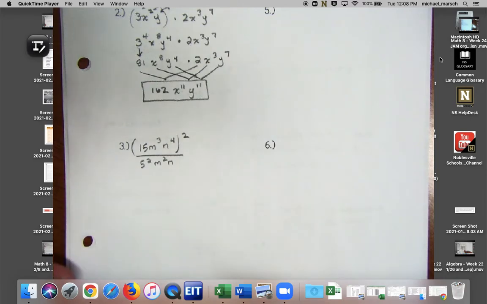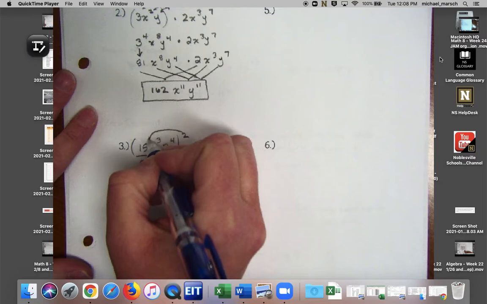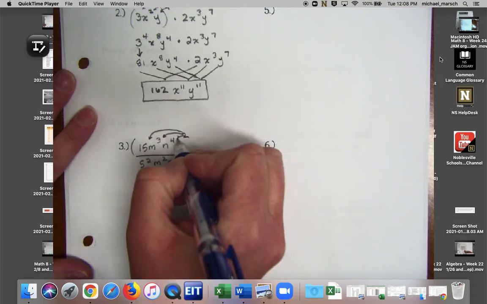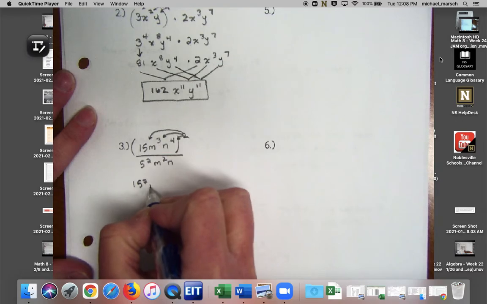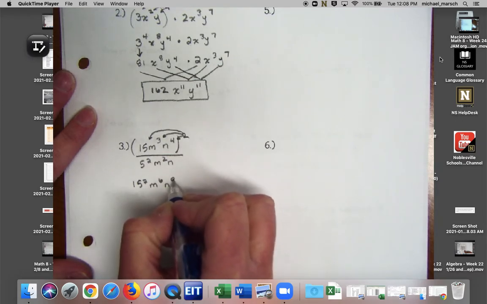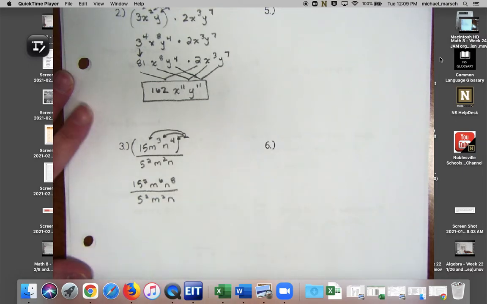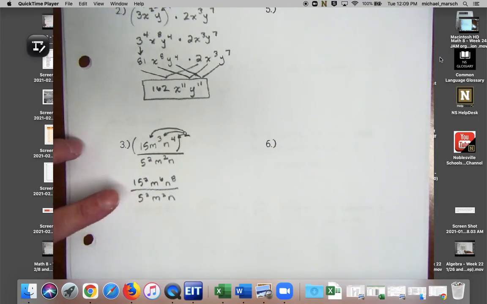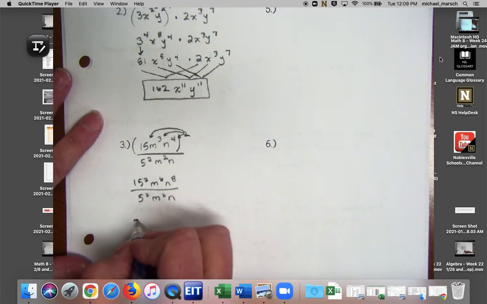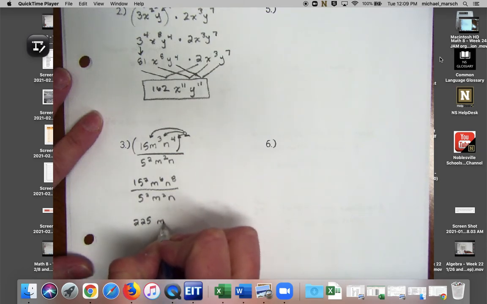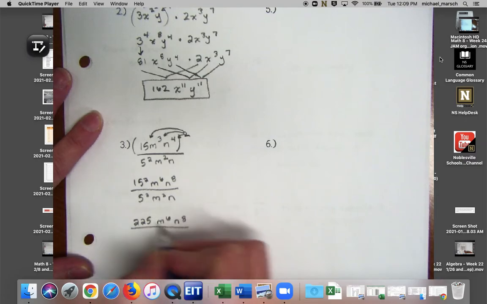All right, so my first plan of attack is I'm going to distribute this 2 up here. So I'm going to have 15 squared m to the 6th n to the 8th, all divided by 5 squared m squared n. I can't do anything with the 15 squared or 5 squared because they are squared values. So I'm going to change those into their real values. 225 m to the 6th n to the 8th divided by 25 m squared n.